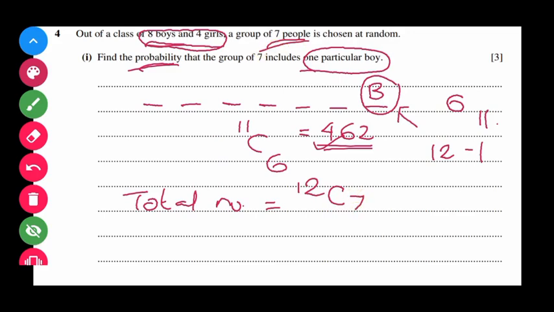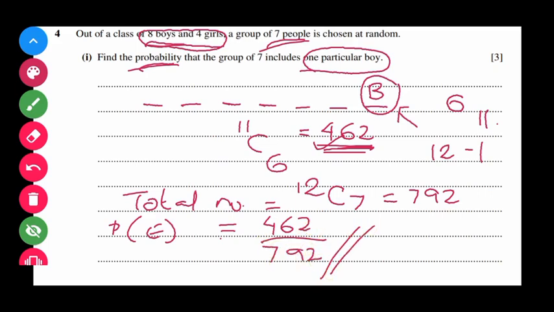So total number of selections is 12C7, which is 792. So the probability of this selection is favorable outcome 462 divided by 792 as result.